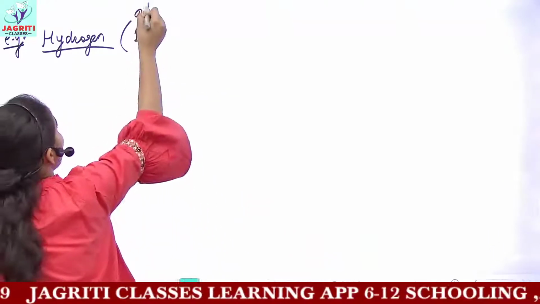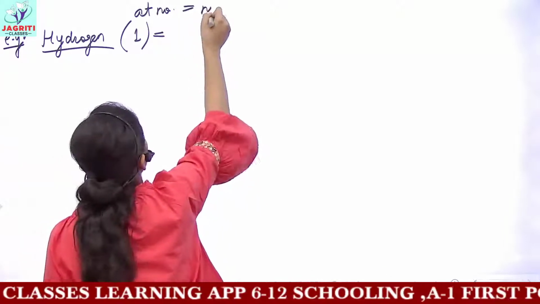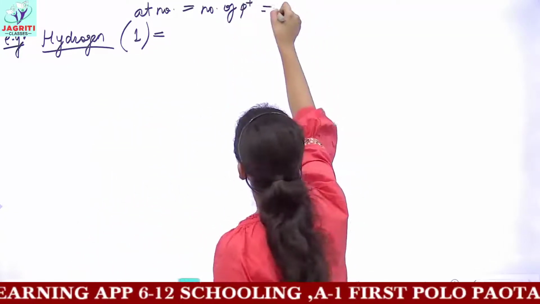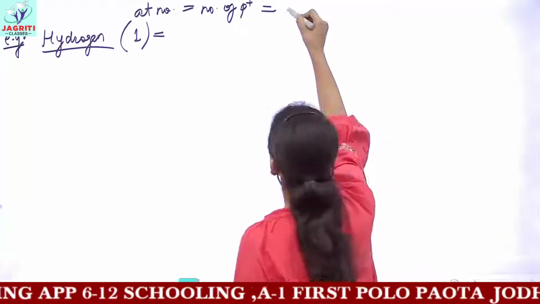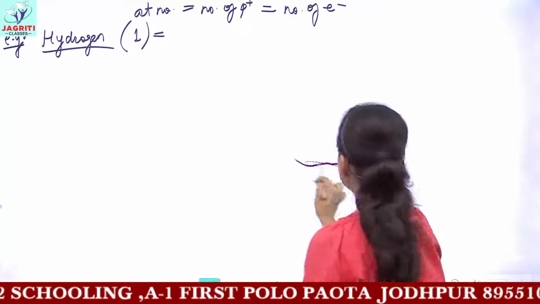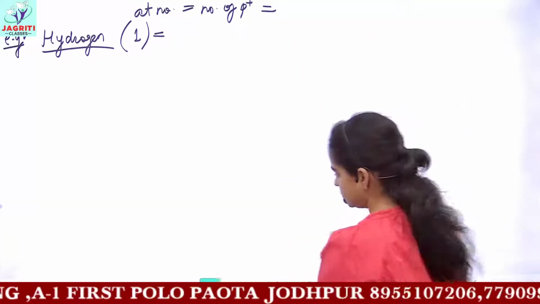So in brackets I am writing atomic number. Atomic number is the number of protons present in any atom, and these are generally equal to the number of electrons. And for drawing the structure, you have to know the number of electrons.